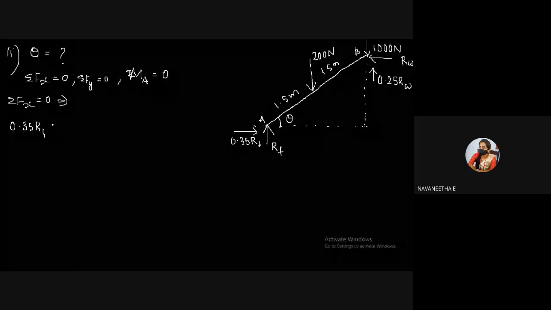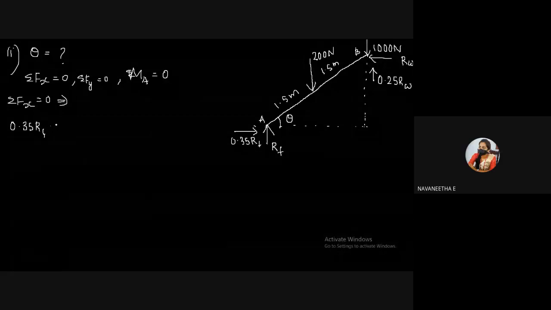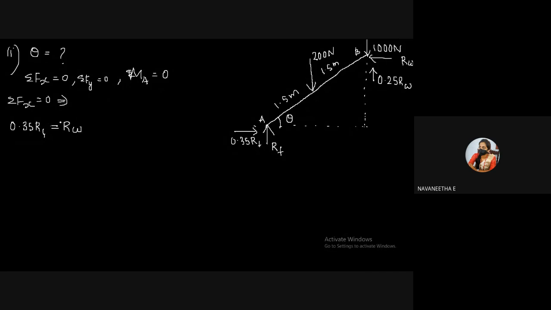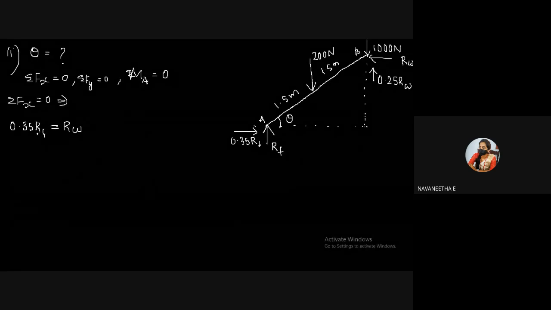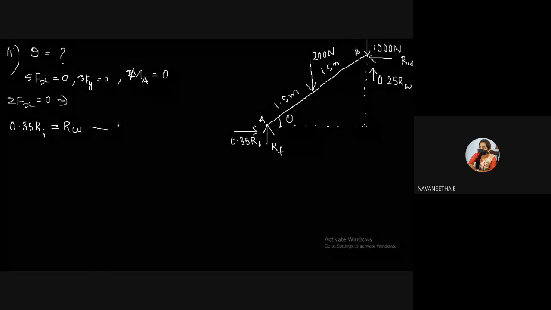So minus RW equal to 0. We can put the RW on the right hand side of the equation. So 0.35 RF equal to RW, so RW equal to 0.35 RF. Put this as equation number 1. Then sigma Fy equal to 0.